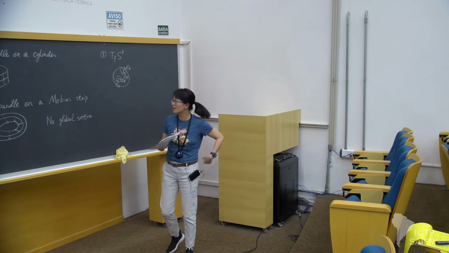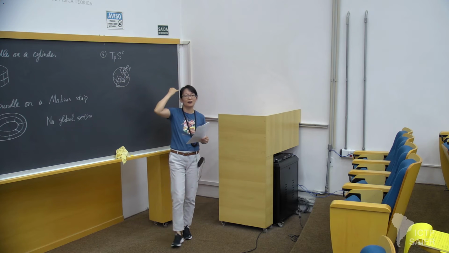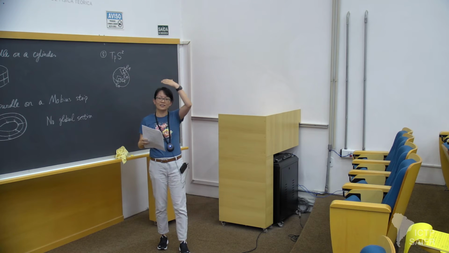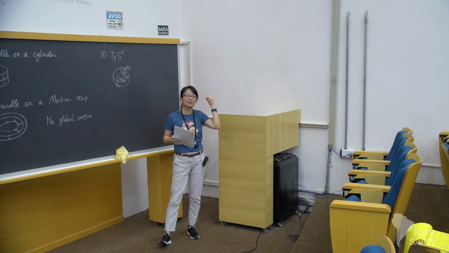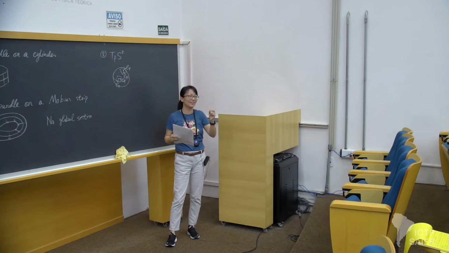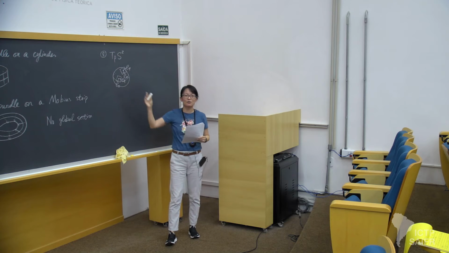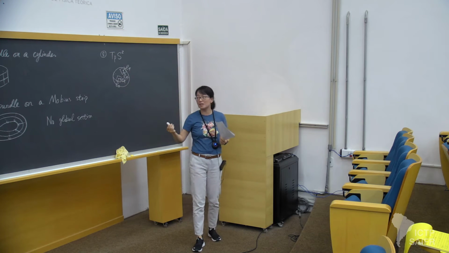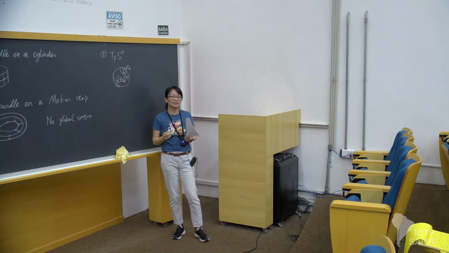So basically, this is very much like you think about the hair on your head, right? Each of the hair, if you try to comb it nicely, it's going to follow the tangent direction on your head locally there, right? But if you have a perfect sphere that has hair everywhere, you can try to comb it, but there is no way that you can comb it with no singularity.